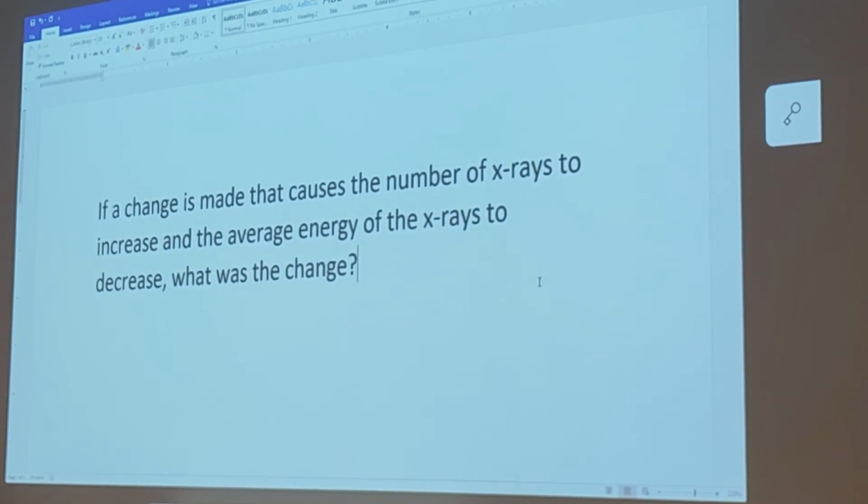KVP, great. So what change to KVP would increase the number of X-rays? How would KVP change to increase the number of X-rays? If we increase KVP, do you think that would increase the number of X-rays?